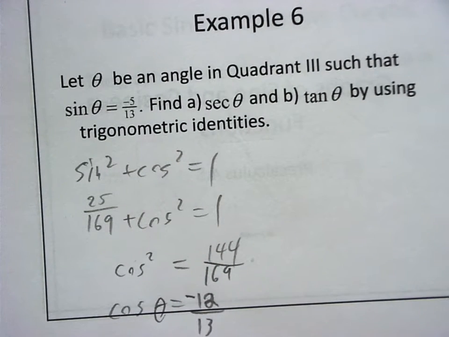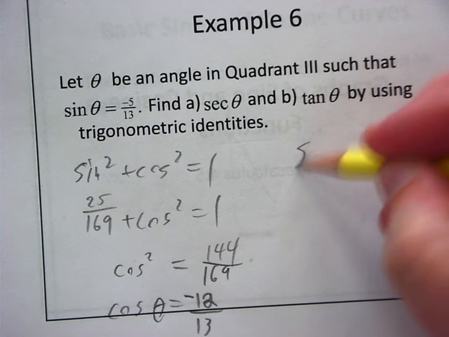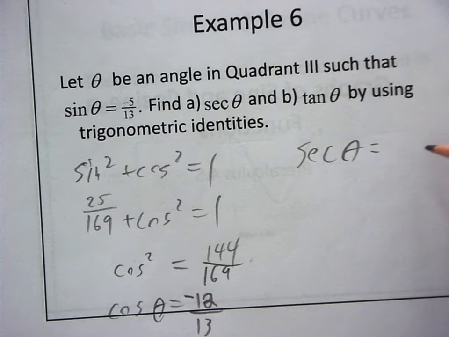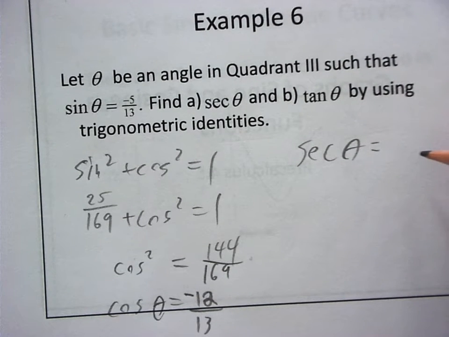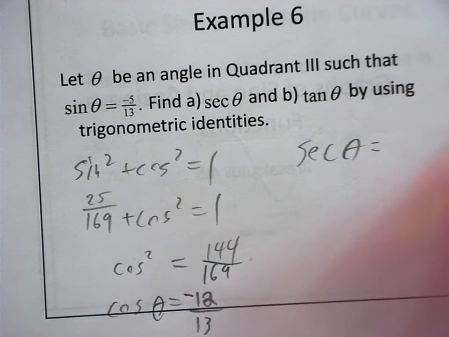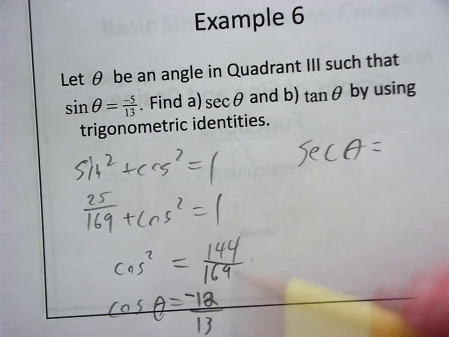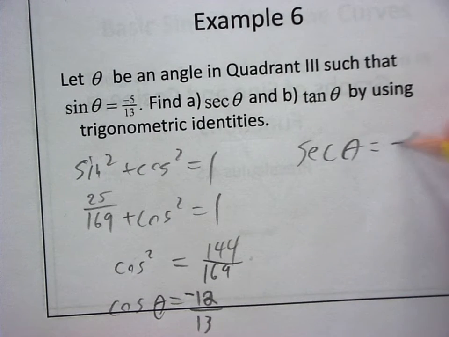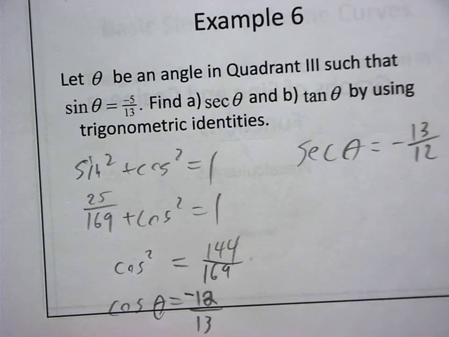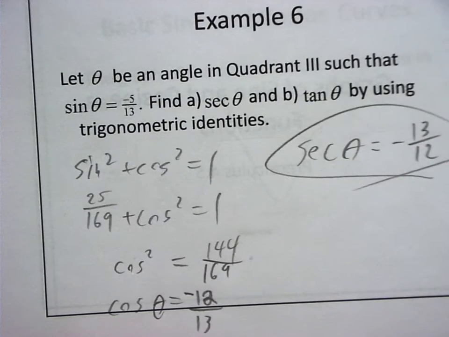Now it's not actually asking for cosine, but I needed to figure it out because secant theta is going to be what? You can do 1 over cosine, but what that means is it's the reciprocal. So all I have to do is take negative 12/13 and flip it. Negative 13/12. Tangent of theta.